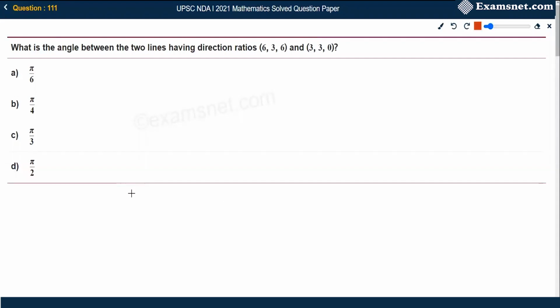In question number 111, it is being given: what is the angle between the lines having direction ratios 6, 3, 6 and 3, 3, 0?